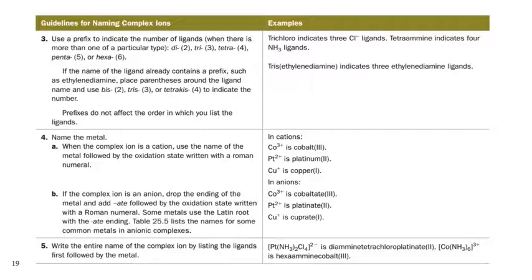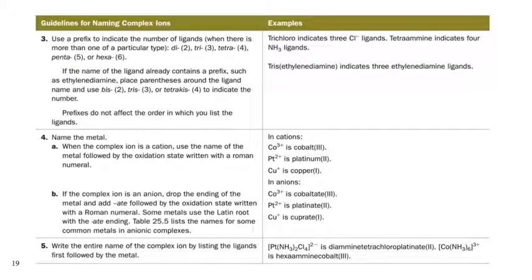What if the name of the ligand has prefixes, like ethylenediamine? Then we're going to put parentheses around the name of the ligand and use the second group of numerical prefixes, bis, tris, or tetrakis, to indicate how many. So this is tris(ethylenediamine). Tris meaning 3.